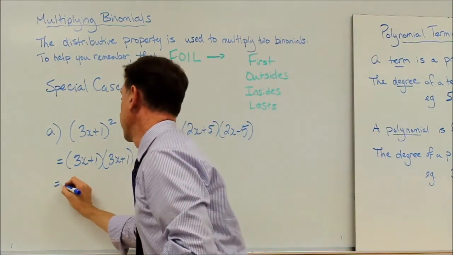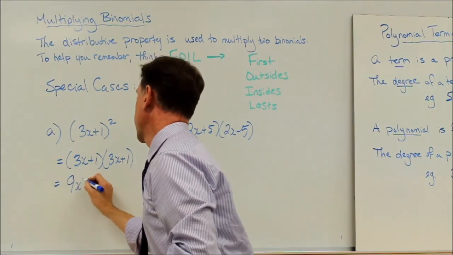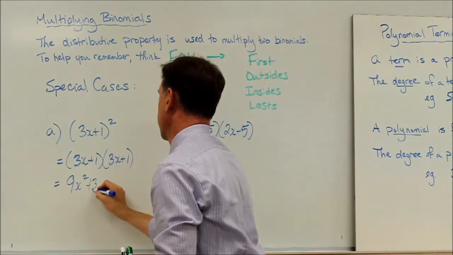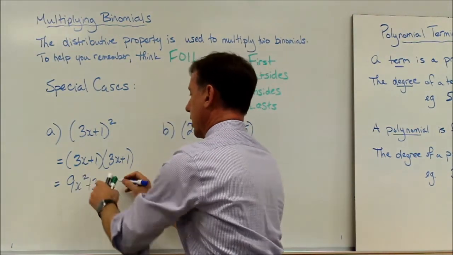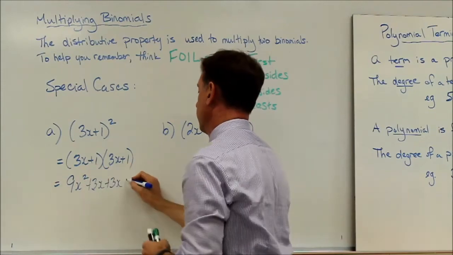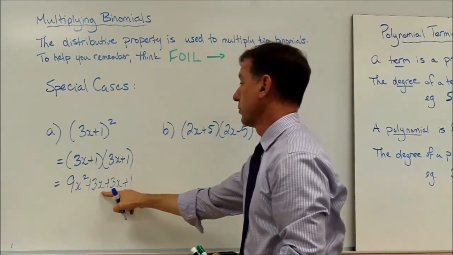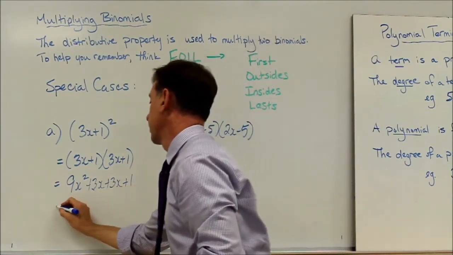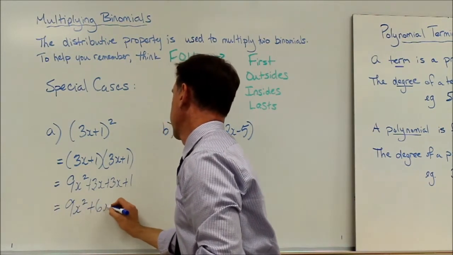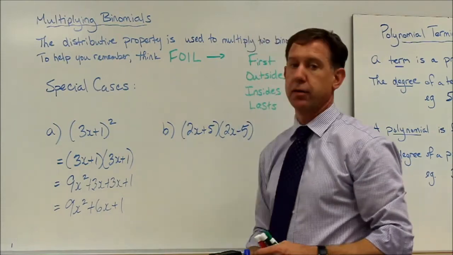So if we do that, first times first, 9x squared, outsides, plus 3x, insides, again, plus 3x, and last, 1 times 1. Some like terms in the middle here that we can simplify. 9x squared plus 6x plus 1 should be the final answer there.